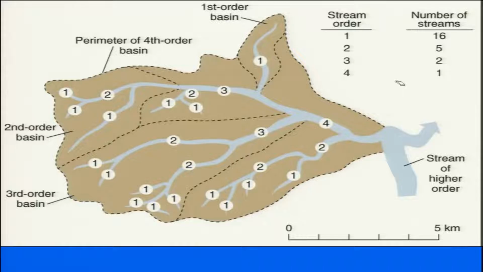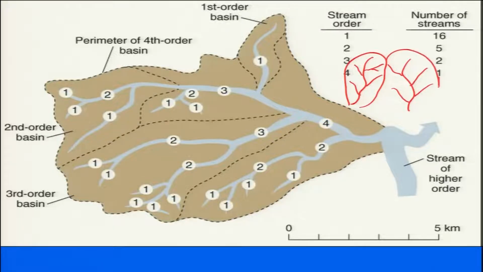Suppose one trunk stream is like that, and then you have the tributaries which are joining here. Another trunk stream is like that, and then you have the streams which are joining. This is one basin area, and this is another basin area.